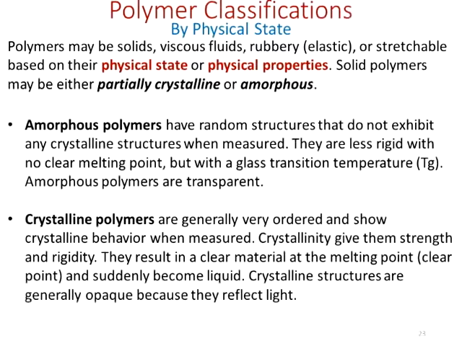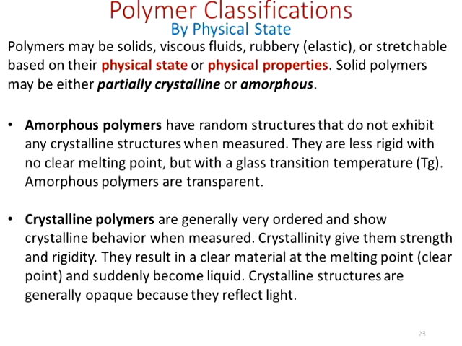So what's an amorphous polymer? Amorphous polymers have random structures that do not exhibit any crystalline structures when they're measured. So when you measure it, you don't find any crystallinity in it. Crystals have a well-defined structure, so amorphous does not have this well-defined structure.